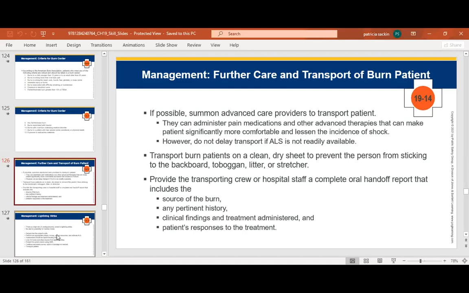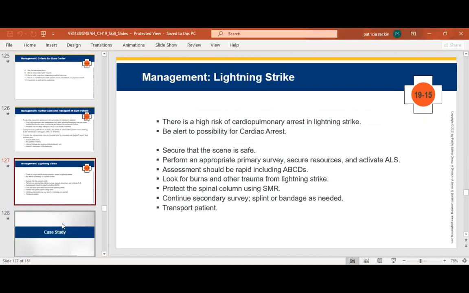So once we have ALS, they're going to take over. They're going to transport the patient. They're going to take over what's happening with that patient and pain management kind of things. Lightning strike.